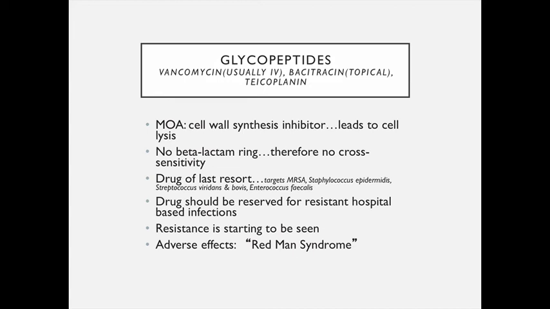So these drugs are cell wall synthesis inhibitors, just like the other ones, but because they don't have the beta-lactam ring, we don't have to worry about cross-sensitivity. Because these drugs are the ones that are treating MRSA and some of the only drugs effective against methicillin-resistant Staph aureus, we really want to reserve these for hospital-based infections that are resistant to other drugs.